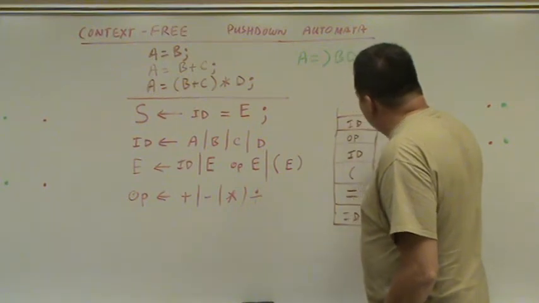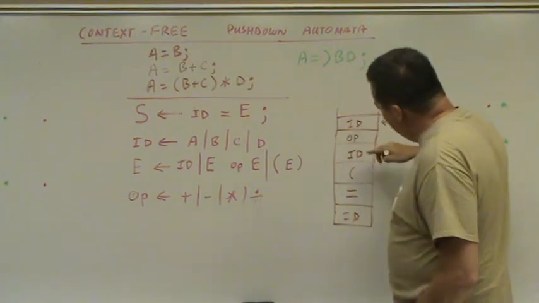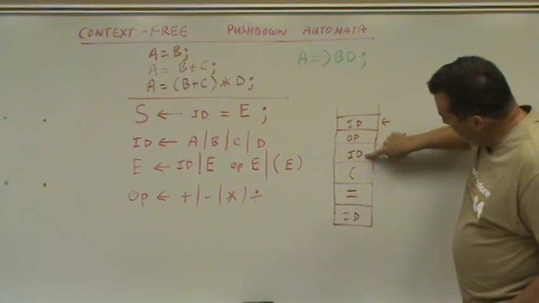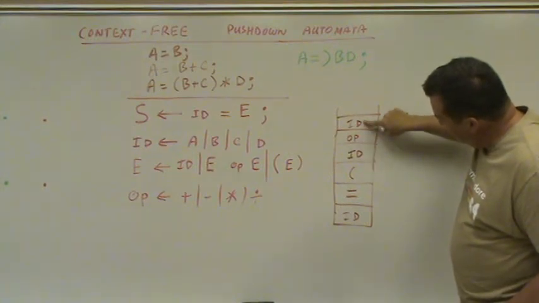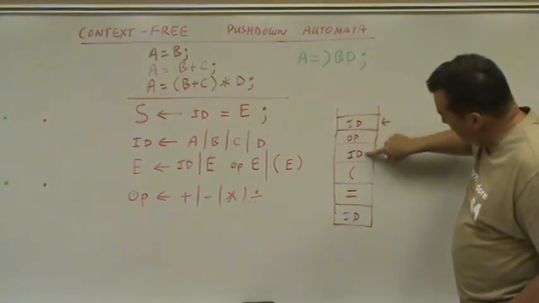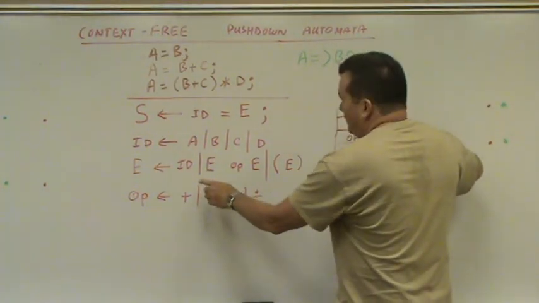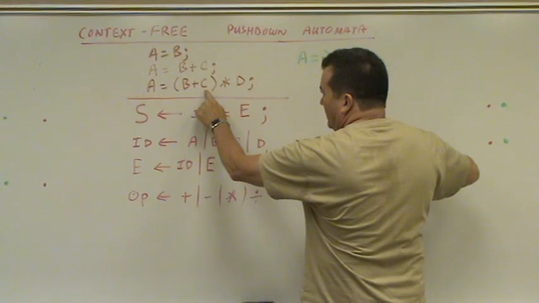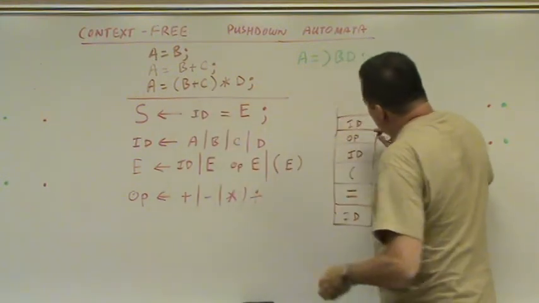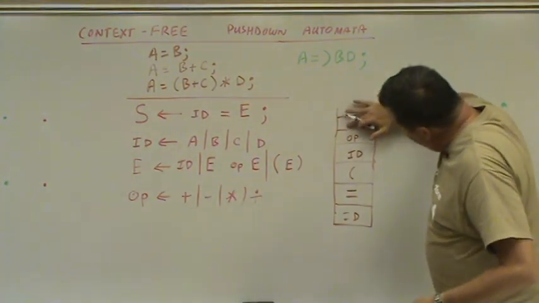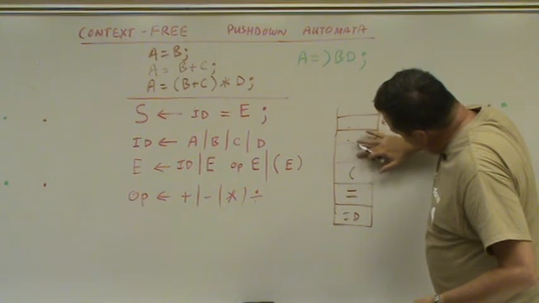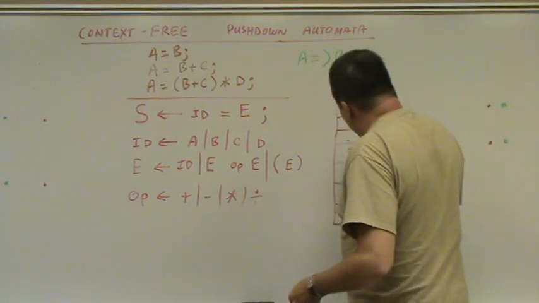Now you're at the top of the stack. You're in a position to say an identifier after an operation, which is after another identifier. This is an expression. So really B plus C is an expression. So we can pop this off. And we can go pop, pop, pop, and just say this is an expression.